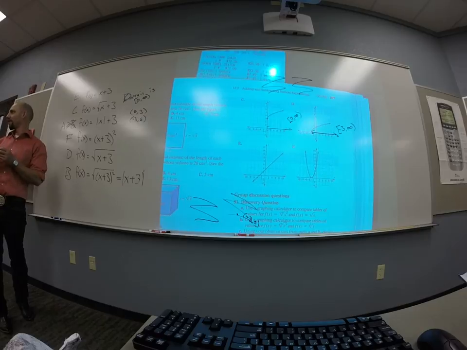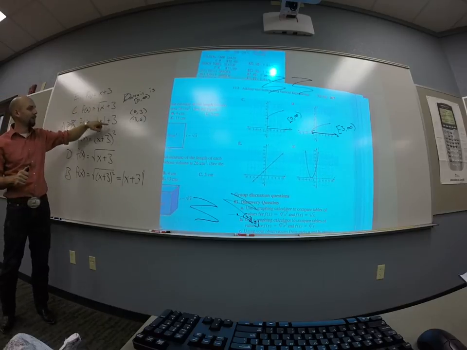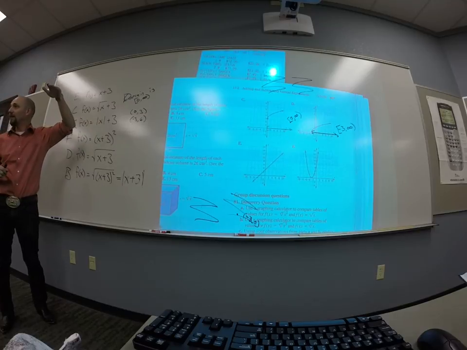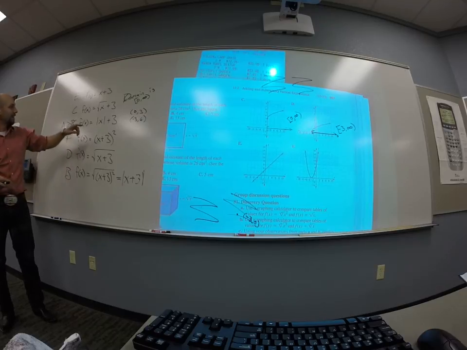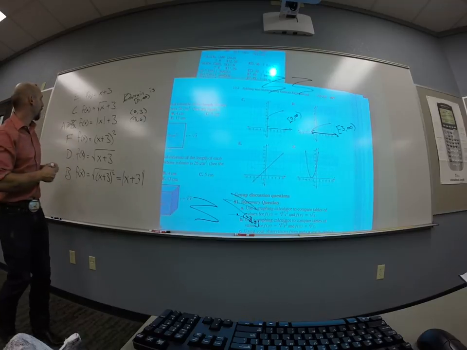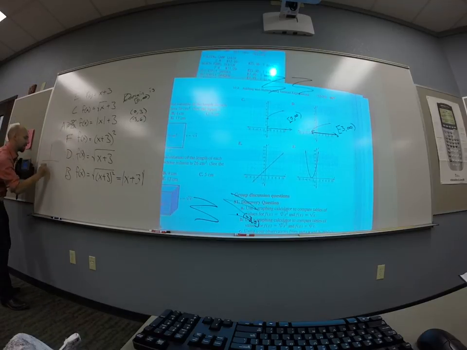There's a whole thing for this. Some of you maybe know this. When you add 3 to the outside of a function, it shifts it up 3. When you add it to the inside, it shifts left 3. So let's see, we can see that here. The square root function looks like this thing, right?